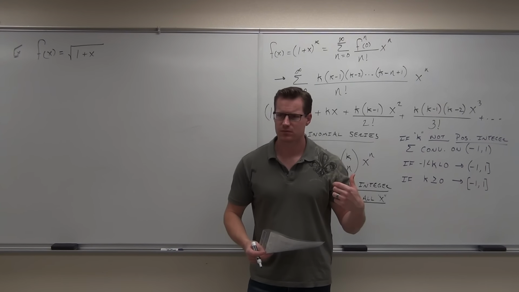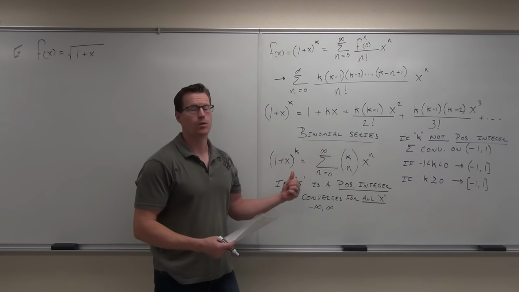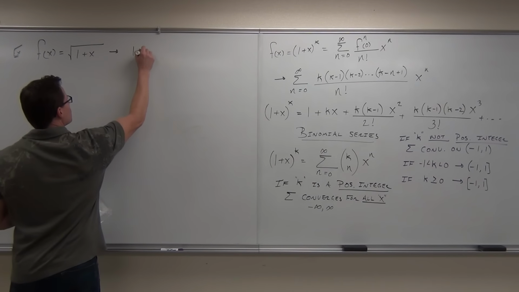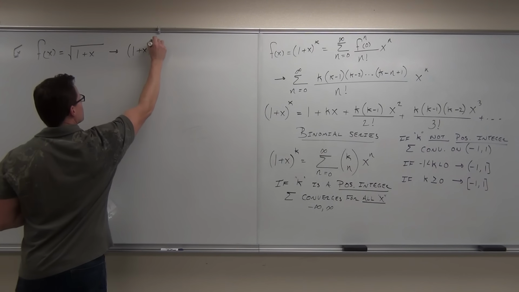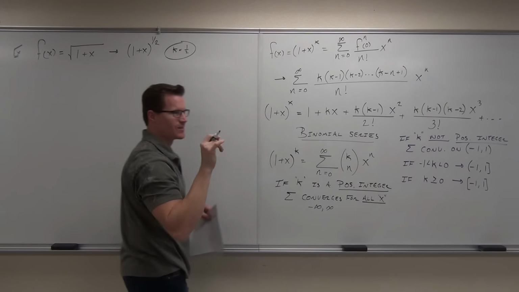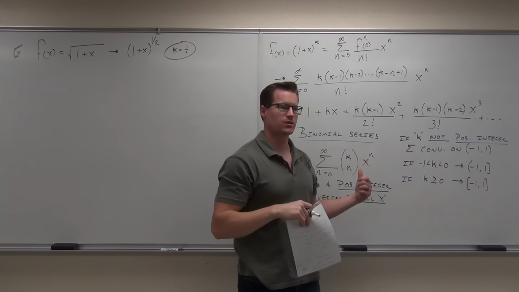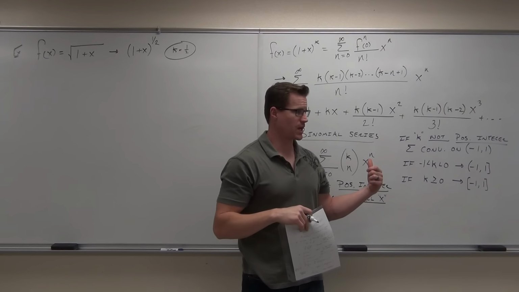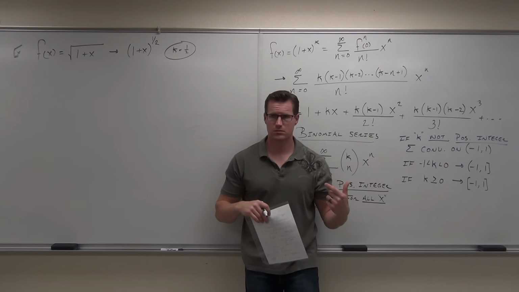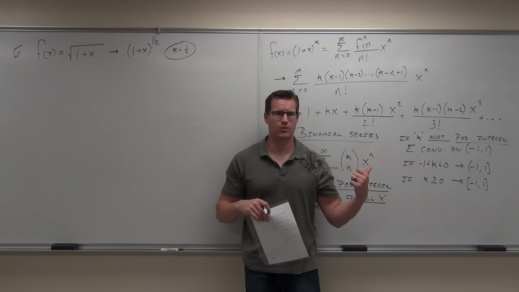Does this look like something to the k power? Yeah. It's x plus one, quantity to the 1/2. What's our k? 1/2. Okay, good. Now, can we represent this with a Taylor series or a Maclaurin series? Yes, we can. And tell me something: will the series that we get converge? Where will it converge, for all x or between -1 and 1?